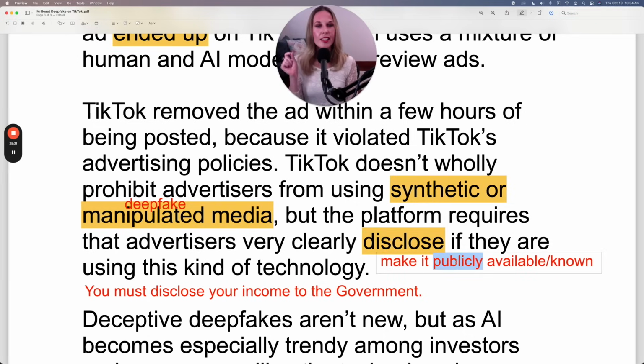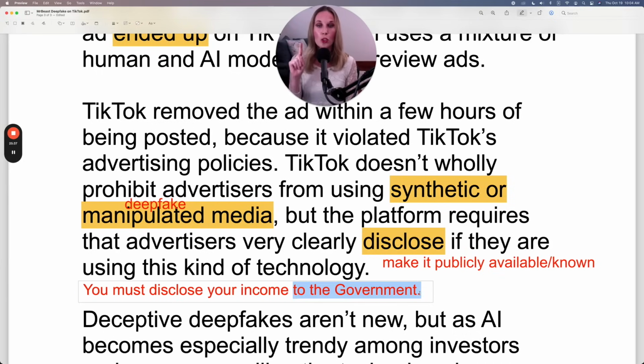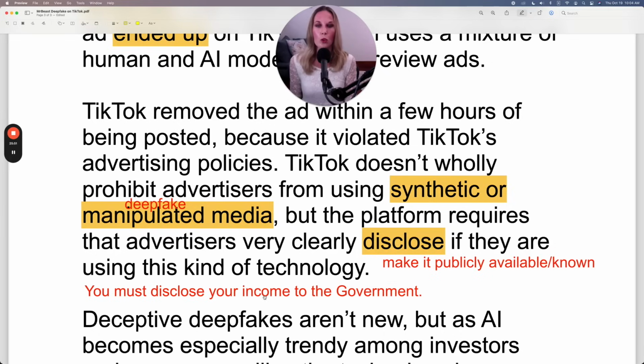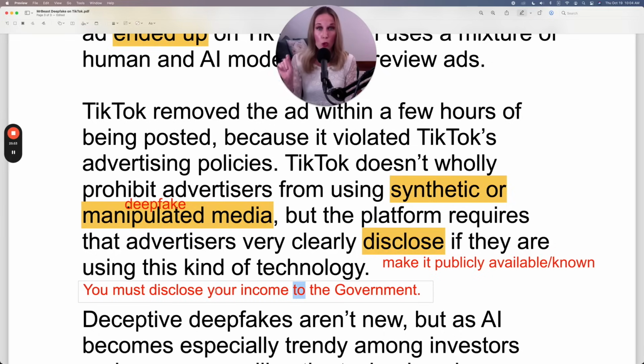So in this case, I said publicly available, but it's absolutely possible that you only disclose something to a specific person or to a specific organization, company, or group. So it doesn't have to be public to everyone. It could be also just to a specific group. And in that case, you disclose something to someone or something.